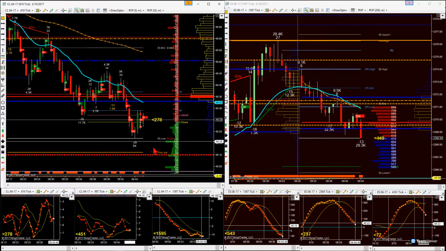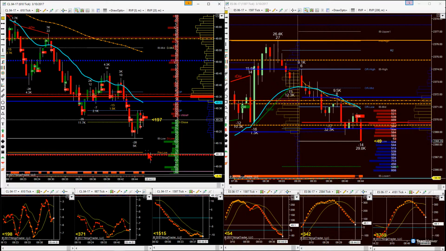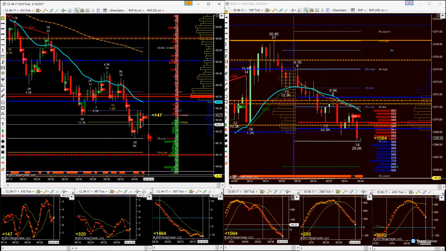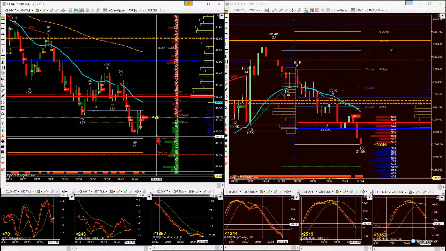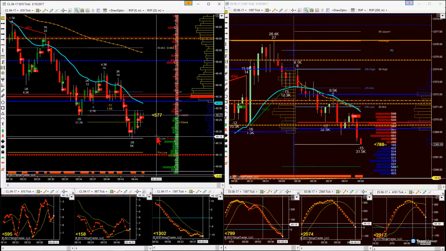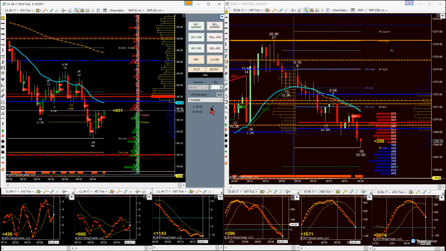Real nice positive divergence coming to where we're really expecting, this overnight low, former VPOC, really expecting this to be where we hold. And I didn't have my chance to move my stop where I wanted it to go. Man. I think I might change where it places my stop so I have more room to adjust it. Yeah, I will do that actually.